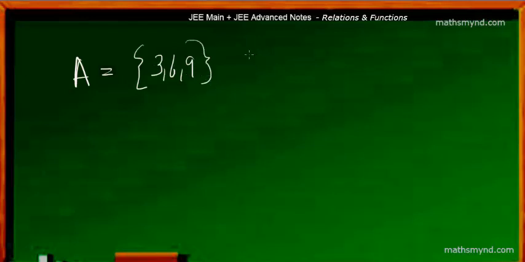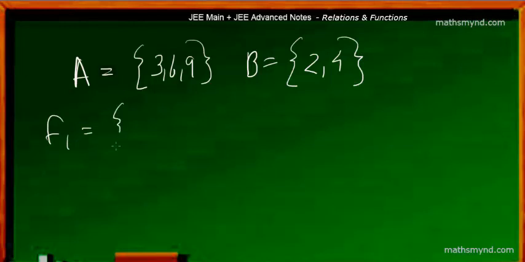So let us look at the whole idea by means of two simple sets of natural numbers, A consisting of 3, 6, 9 and B consisting of 2, 4. F1 has the ordered pairs (3, 6), (3, 2), (9, 4).